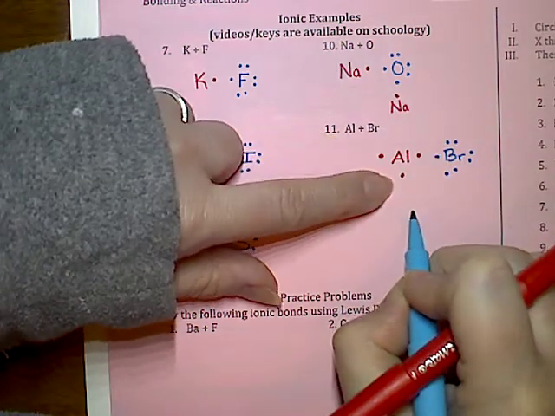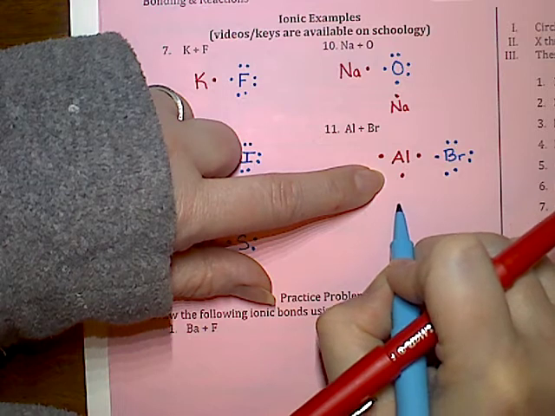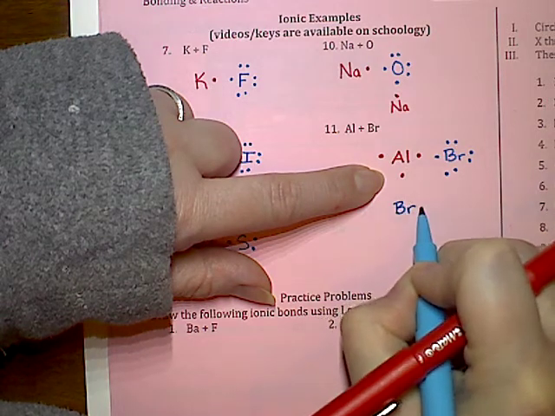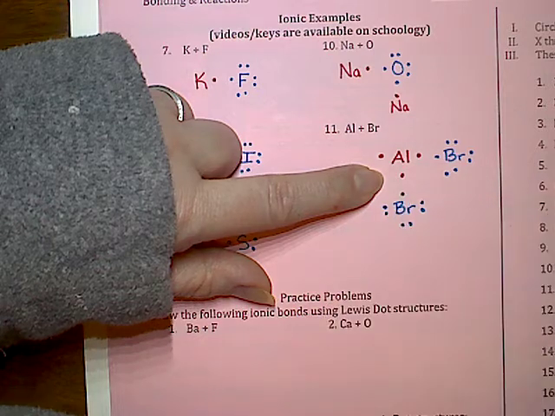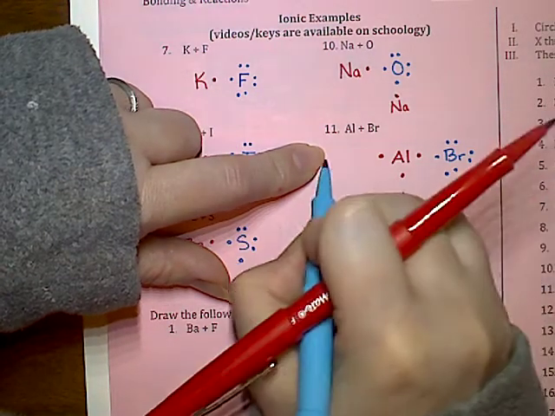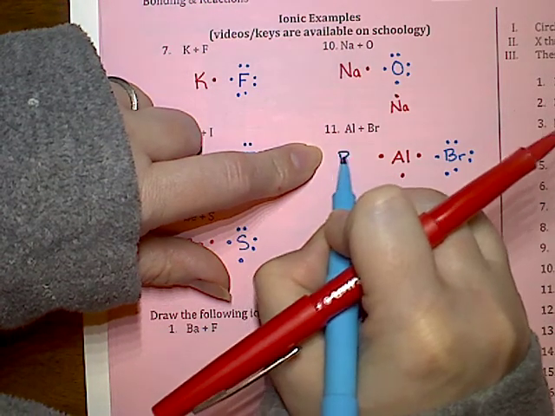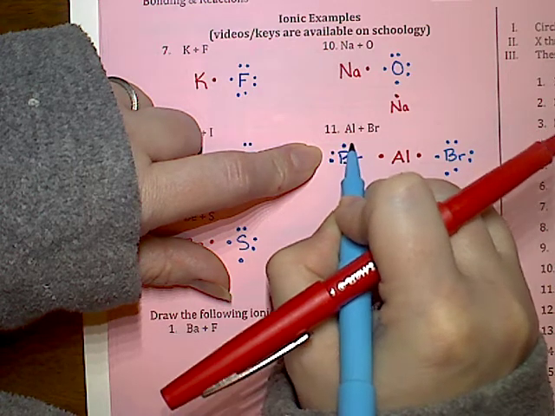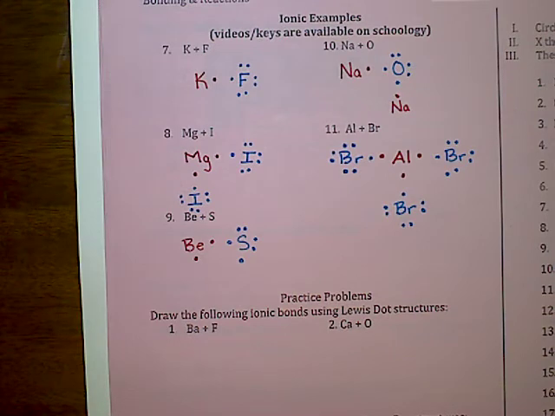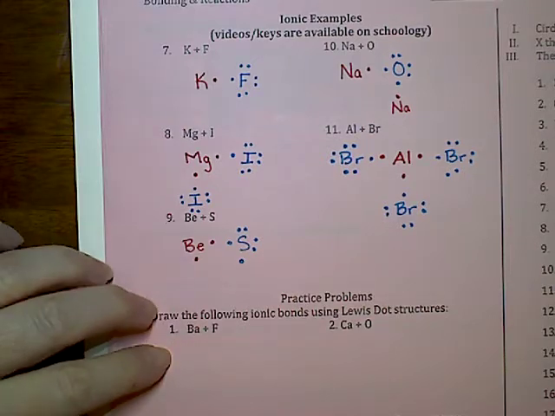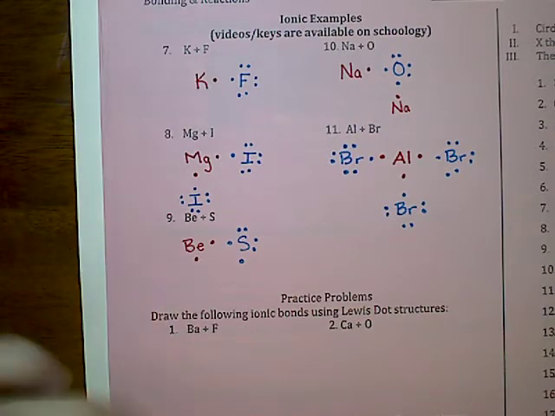Aluminum still has electrons needing buddies. And we still have buddies needed over here. Alright, so I basically just drew all of my dots needed for my Lewis structures and made sure every dot would eventually have a buddy.